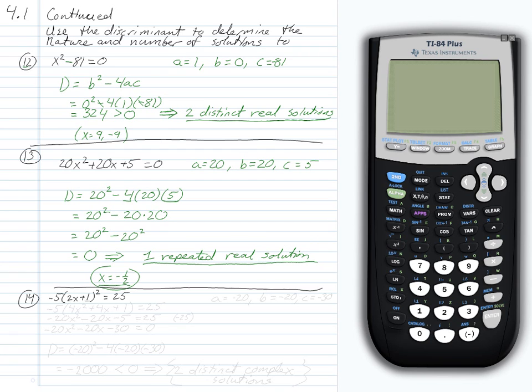So on this last problem, we'll do the same technique, but I have a ways to go before I can figure out what the pieces of the discriminant are. I need to write this in standard form, which means I need to multiply out 2x plus 1 squared. So this would be negative 5.